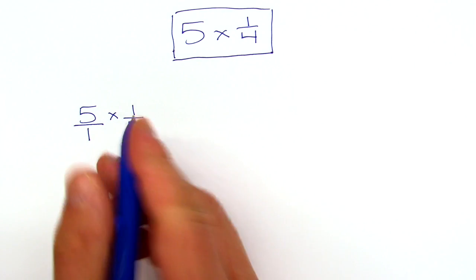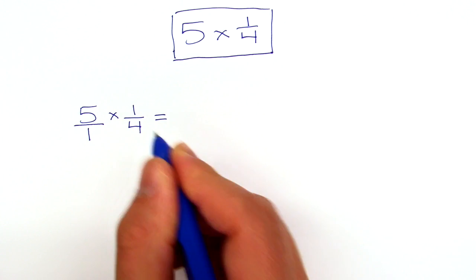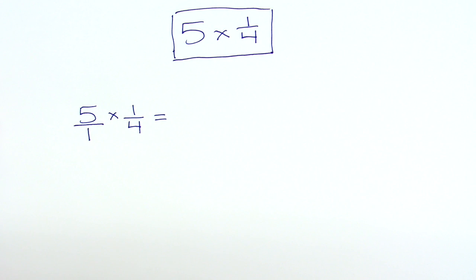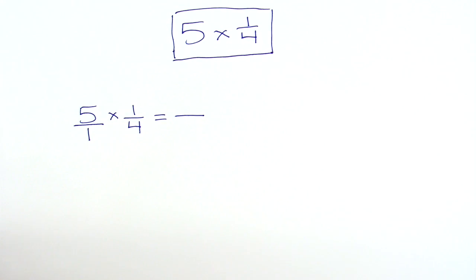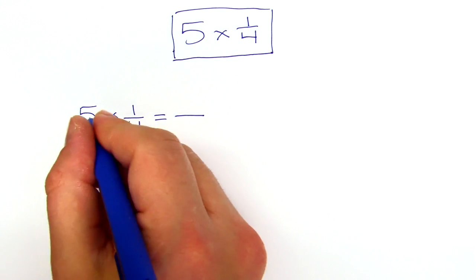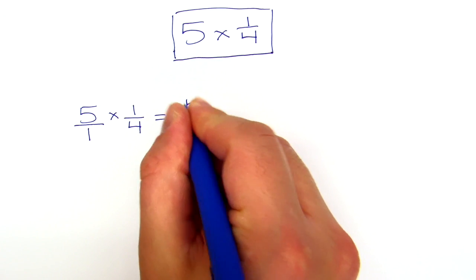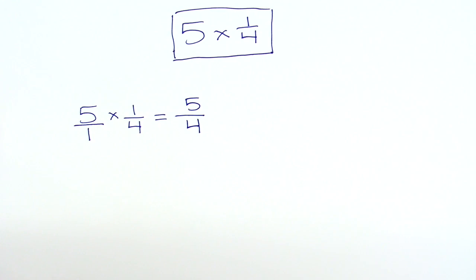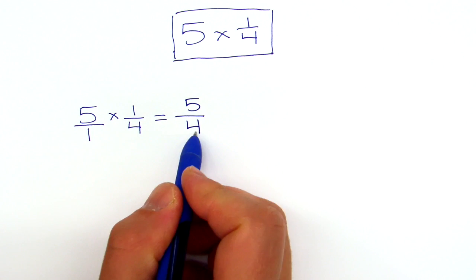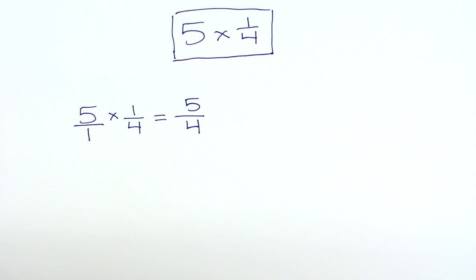Now all you do to multiply is multiply the numerators together and multiply the denominators together. 5 times 1 is 5. 1 times 4 is 4. And that's your answer, 5/4. You just multiply the numerators together, multiply the denominators together, and boom, that's it.